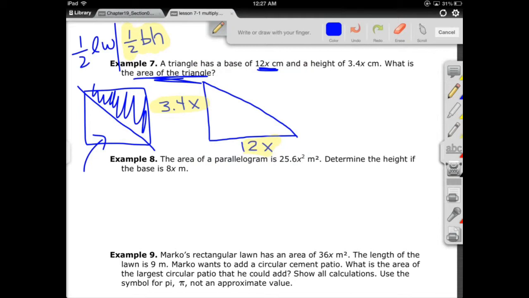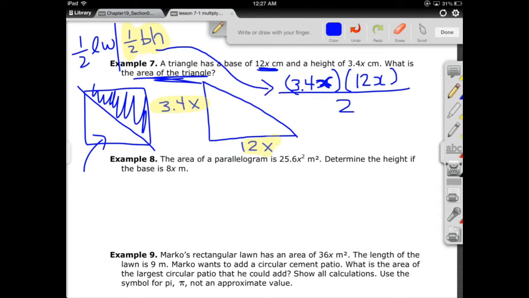So it's 3.4x, and I'll use parentheses this time, times 12x divided by 2. There's that formula in action right there. 1/2 is the same as dividing by 2.